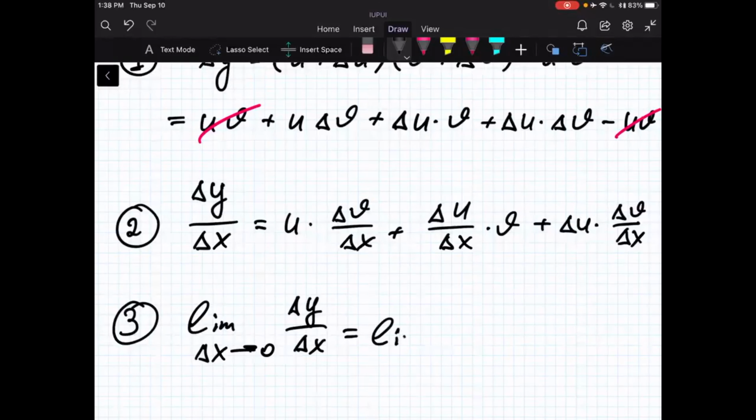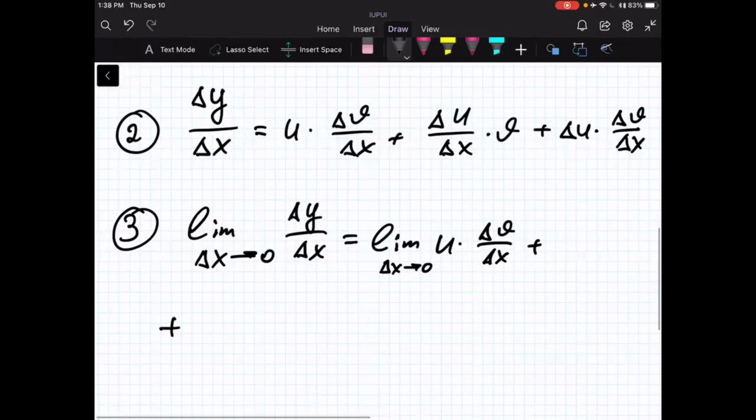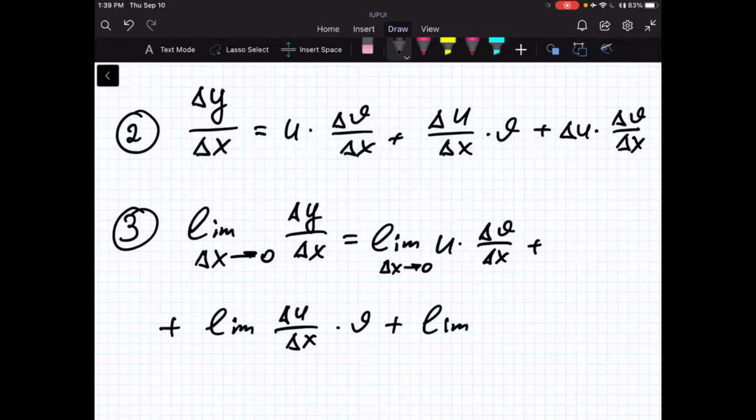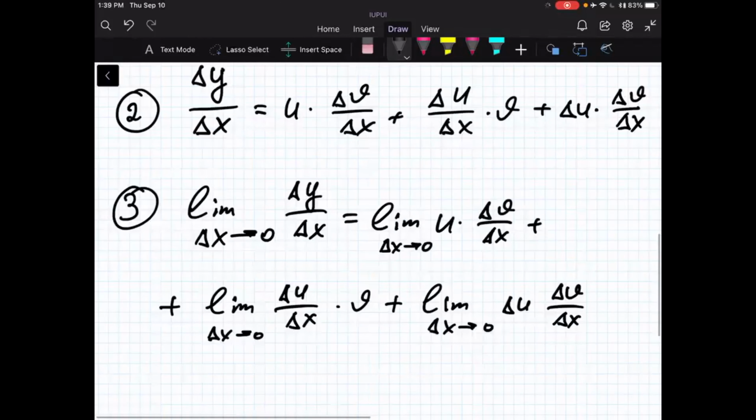So I get limit of the first term, u times delta v over delta x, plus limit of the second term, times v, and plus the limit of the last term, delta u times delta v divided by delta x.